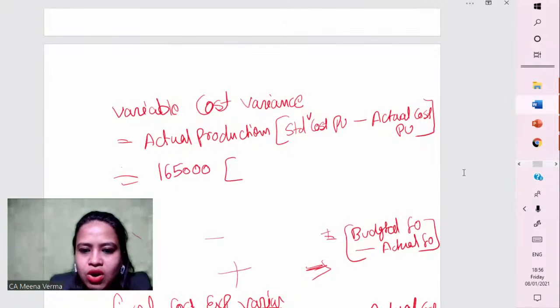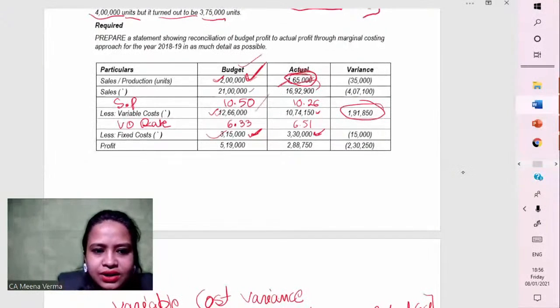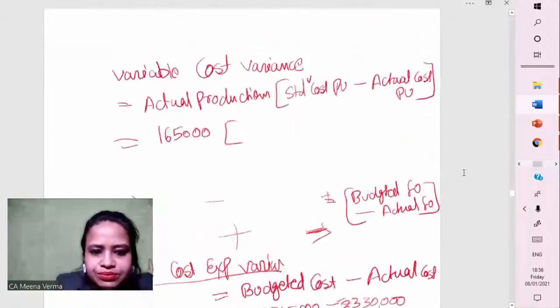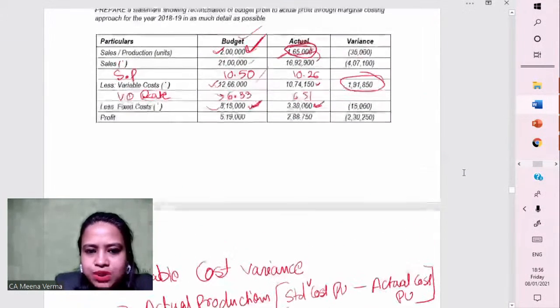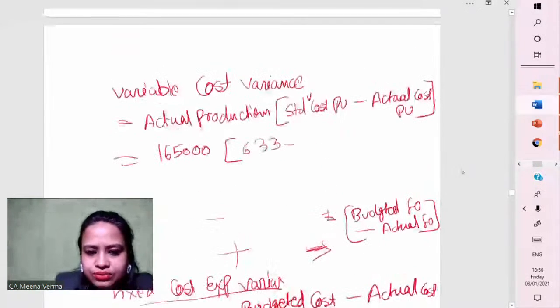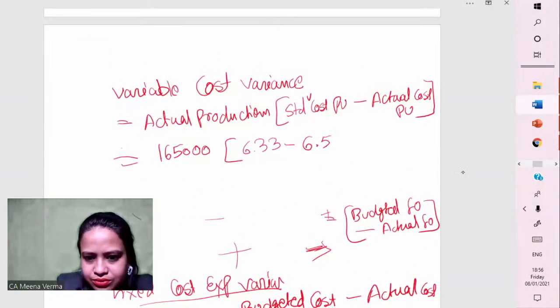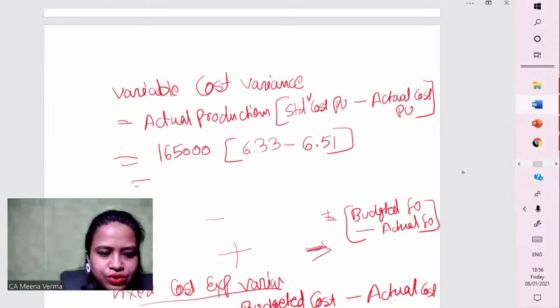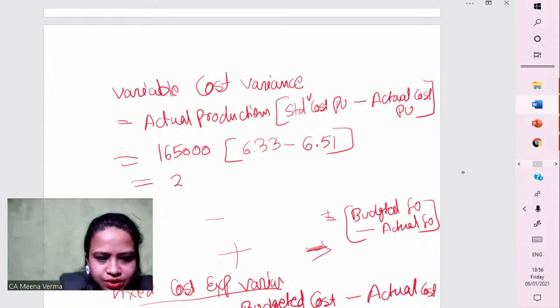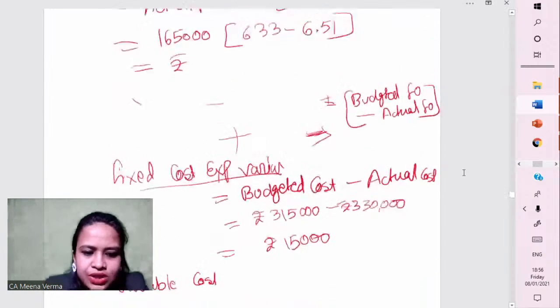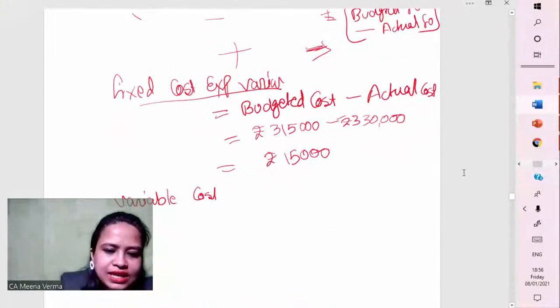Standard variable cost per unit is 6.33. Actual cost per unit is 6.51. If you solve this, you will get the value of variable cost variance. Give me the answer. Similarly, now calculate the sale price variance.